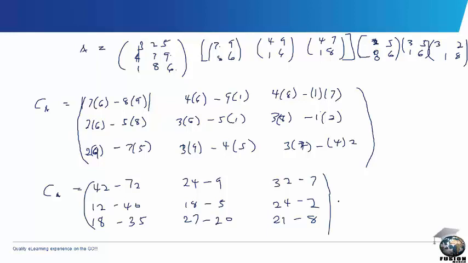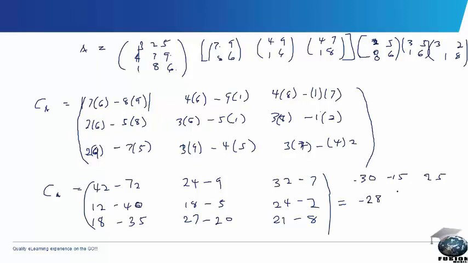So to find these cofactors, we carry out these simple subtractions and additions. Here we have 42 minus 72, which is minus 30, and then 24 minus 9 is equal to 15, and then 32 minus 7 is equal to 25, and 12 minus 40, because 5 times 8 is 40, is minus 28.